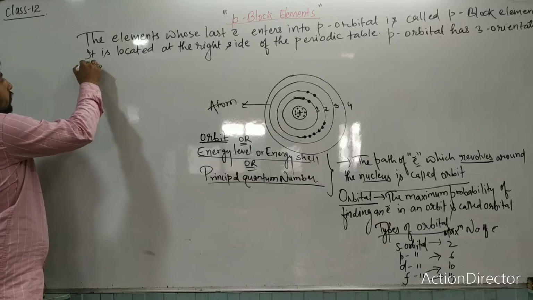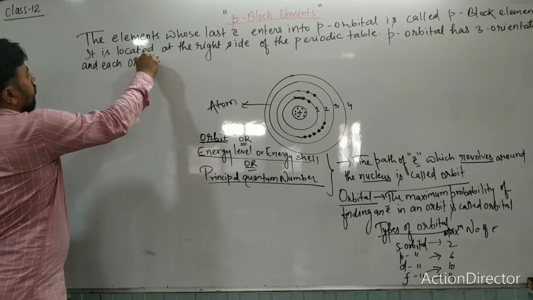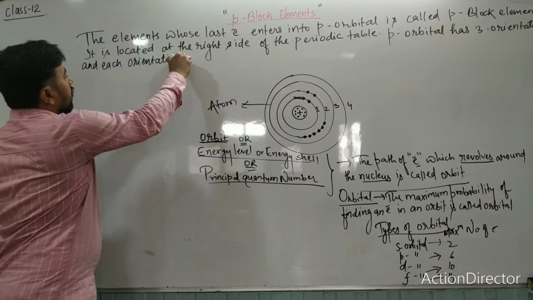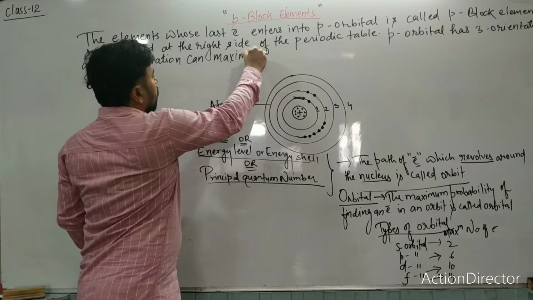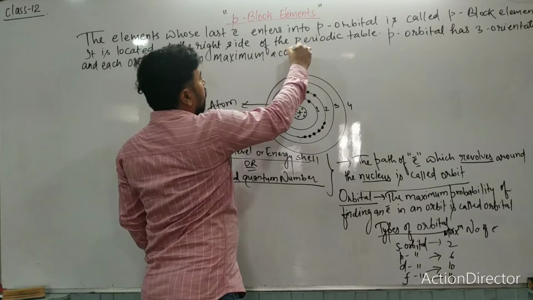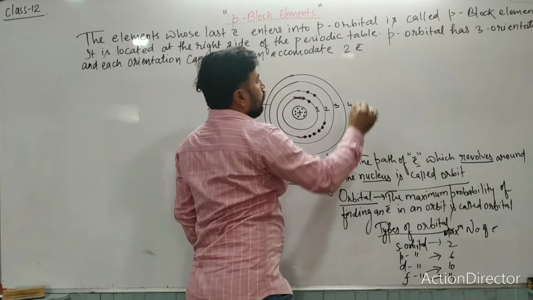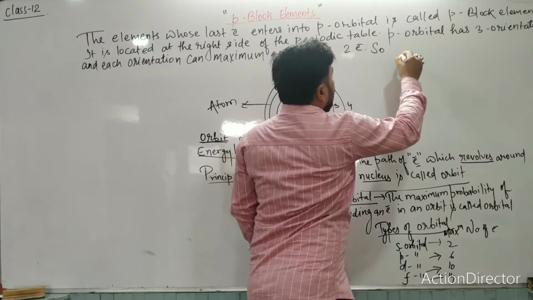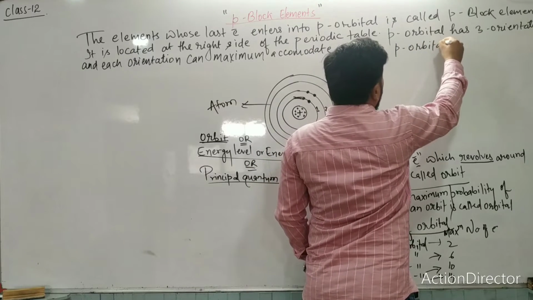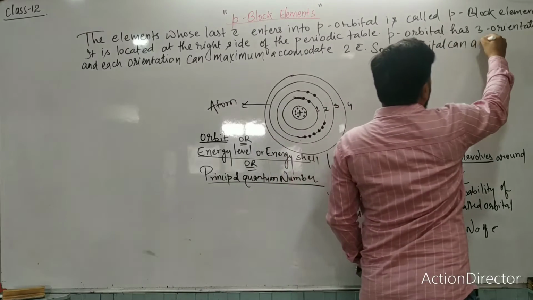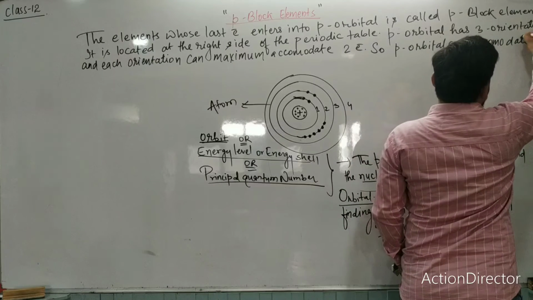And each orientation can maximum accommodate two electrons. So p orbital can accommodate 6 electrons.